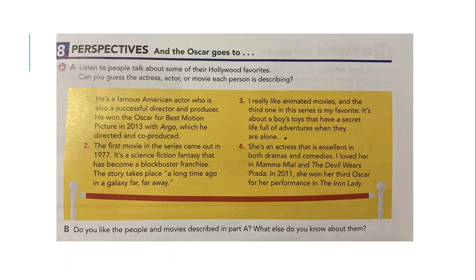And here we have some people talking about their Hollywood favorites. So they are talking about different people, different actors, and also different things like movies. And we can find some examples of relative clauses, relative pronouns, and main clauses. For example, number 1.